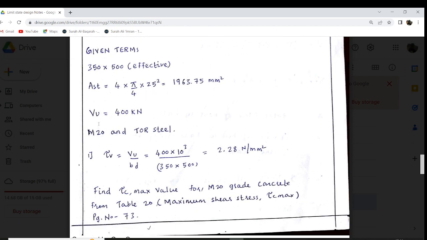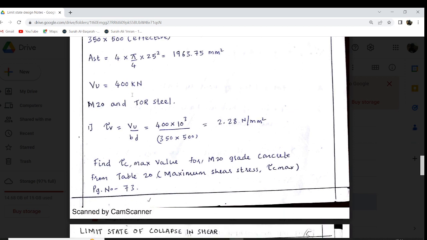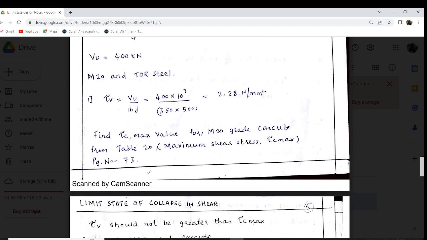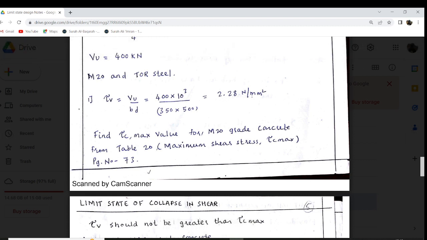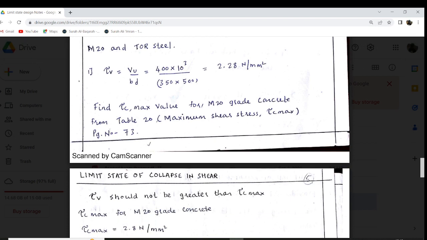Okay, VU factored shear force is given to you, that is 400 kilonewton. First you have to find tau v, we have seen the step. Tau v equal to VU by B into D. V should be in Newton. Okay, so tau v value comes to 2.28 Newton per mm square.